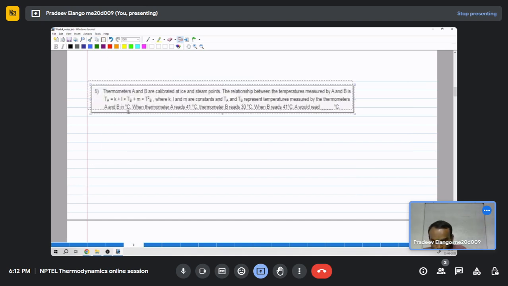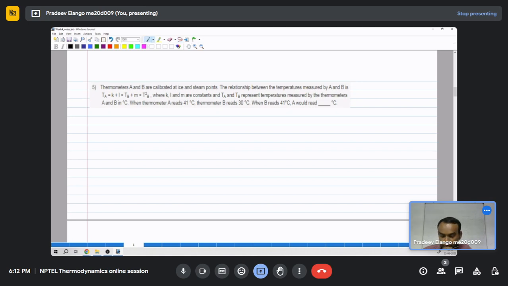Okay. So the fifth problem is thermometers A and B are calibrated at ice point and steam point. The relationship between the temperatures measured by A and B is TA is equal to K plus I into TB plus M into TB square, where K, I and M are constants, and TA and TB represent temperatures measured by the thermometers A and B in degrees Celsius.